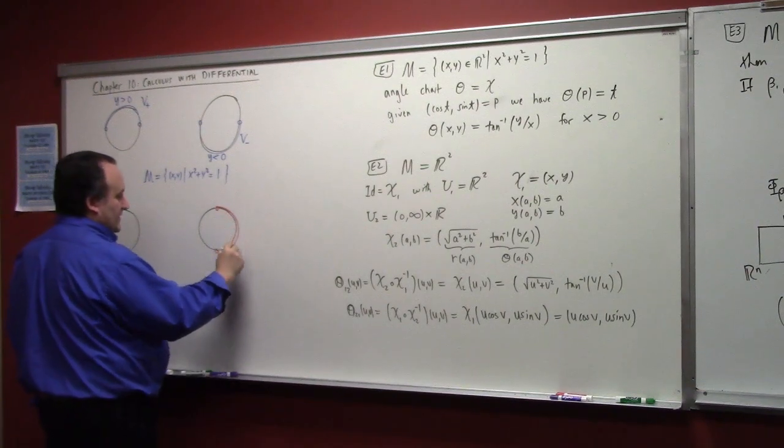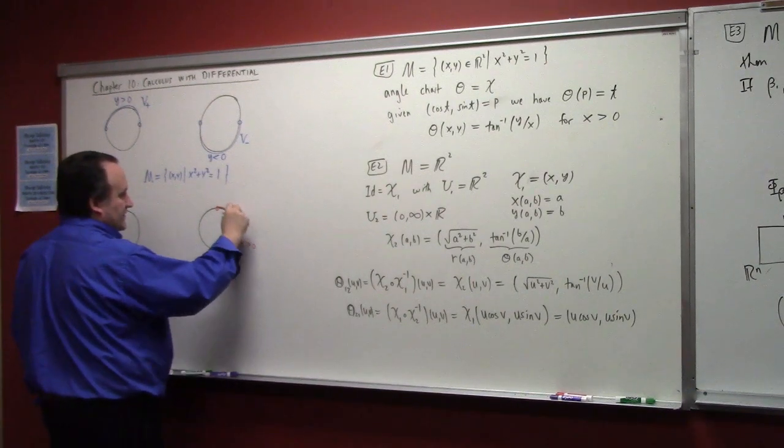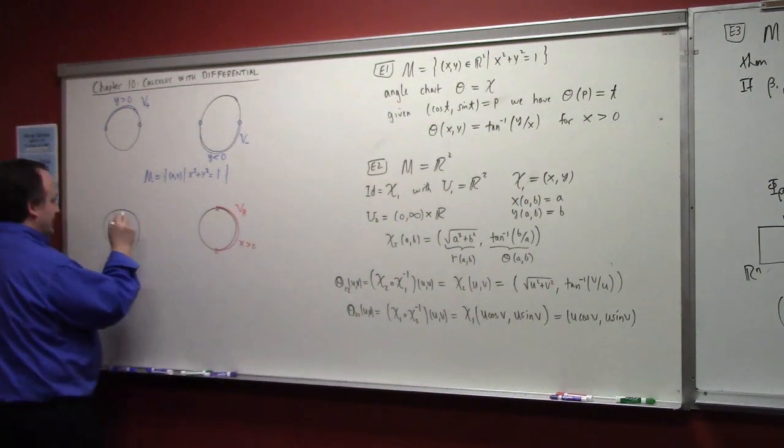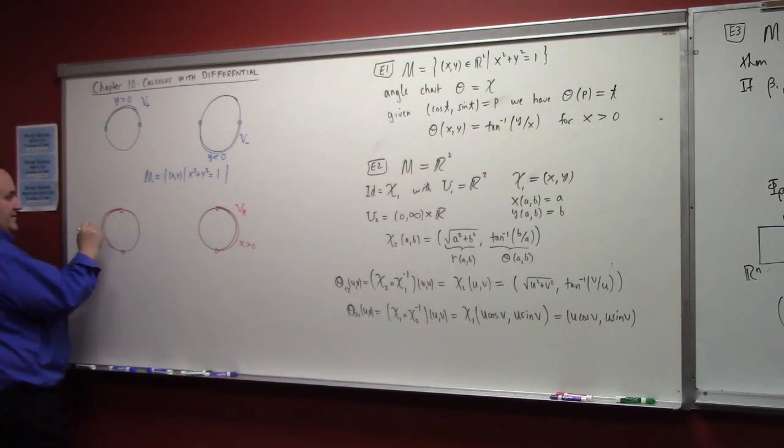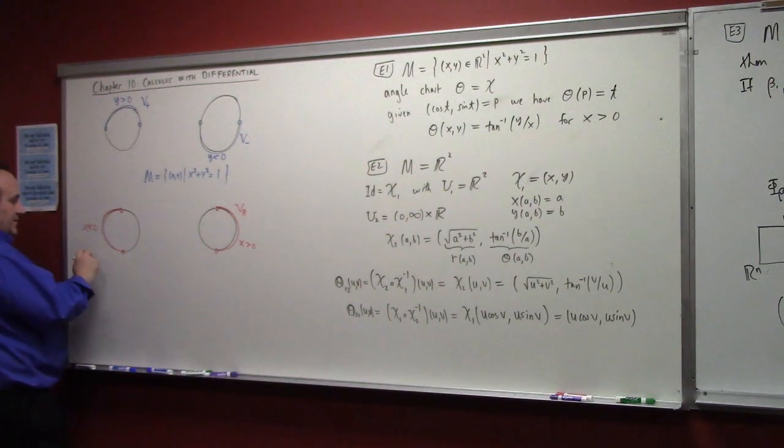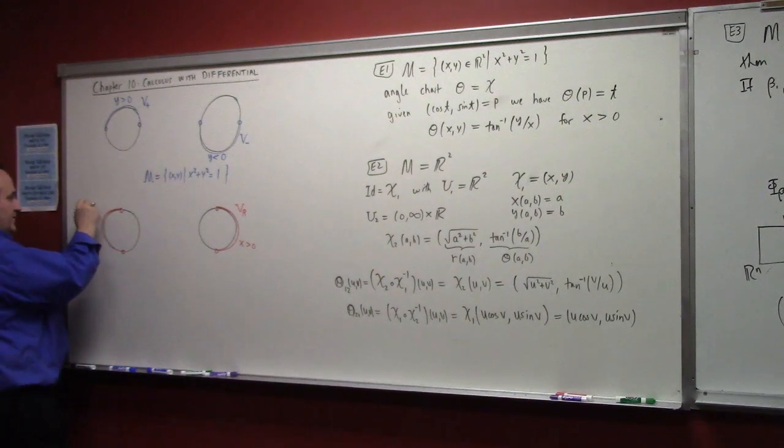This will be x greater than 0. This is your V_R, R for right, and here x is less than 0 for these points. And this is what we'll call V sub L.